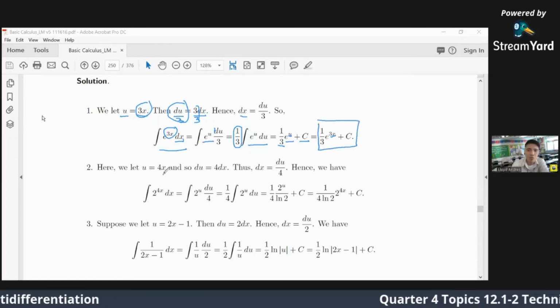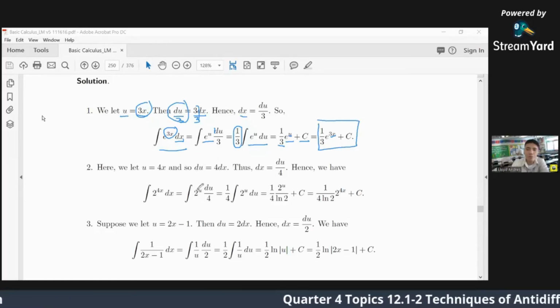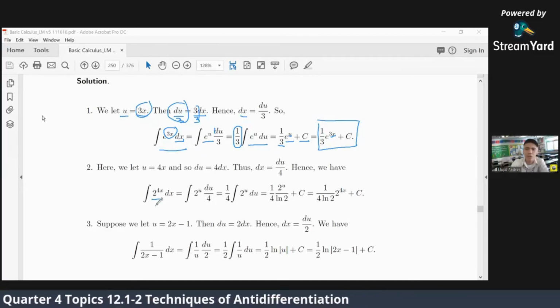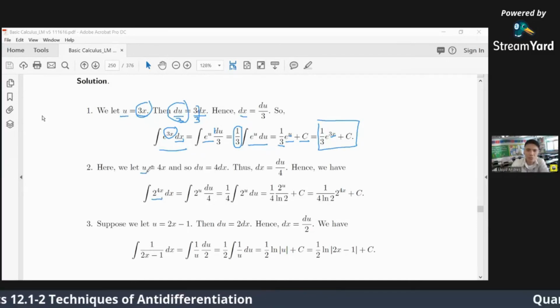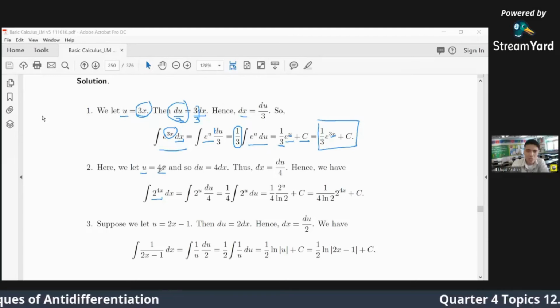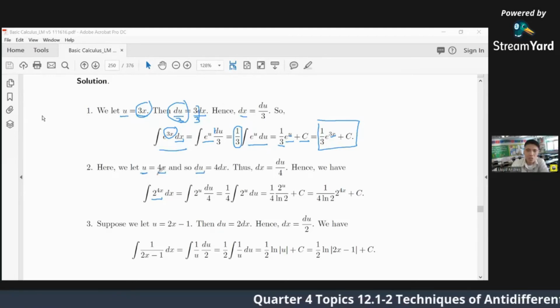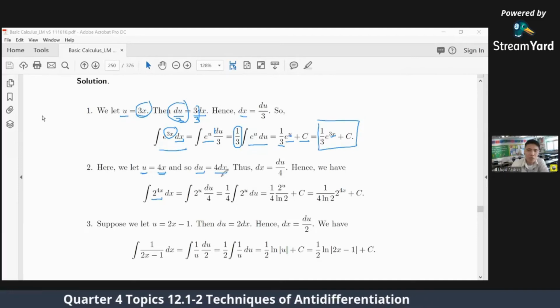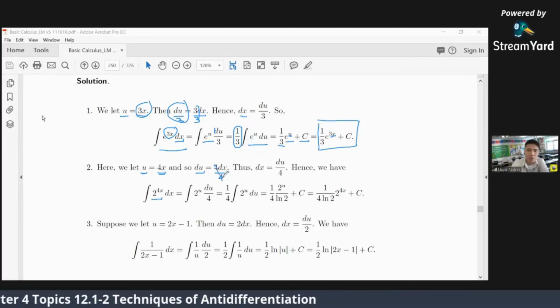For the second one, kung mga in the form a raised to x pod, parehas ni 2 raised to 4x, similar, ang ilet u nimo is katong exponent niya. Tapos differentiating u, that becomes du. Ang derivative ni 4x, that becomes 4 dx. Then to isolate dx, we divide both sides by 4.